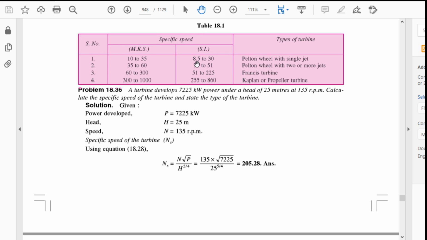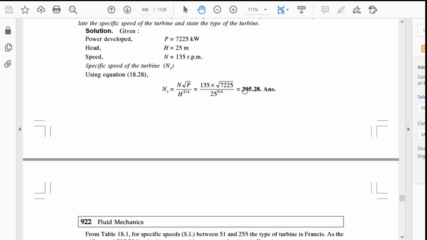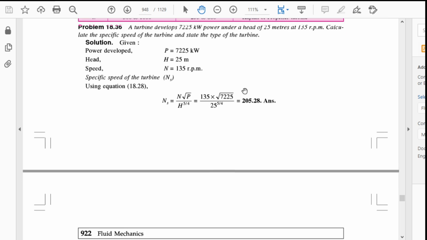In SI, 8.5 to 30 is Pelton with single jet, 30 to 51 is Pelton with two or more jets, 51 to 225 is Francis, 225 to 860 is Kaplan or propeller turbine. These are the specific speeds and the types of turbine.